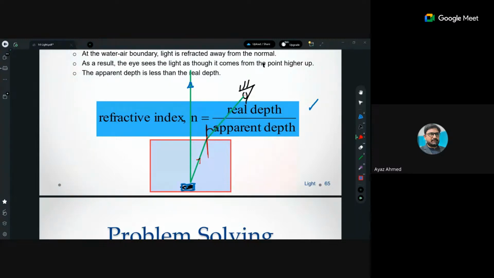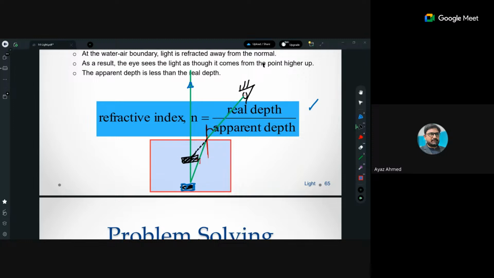Now the problem is that the observer does not have any concern whether light is bending or not. We will have the image of this coin here exactly.